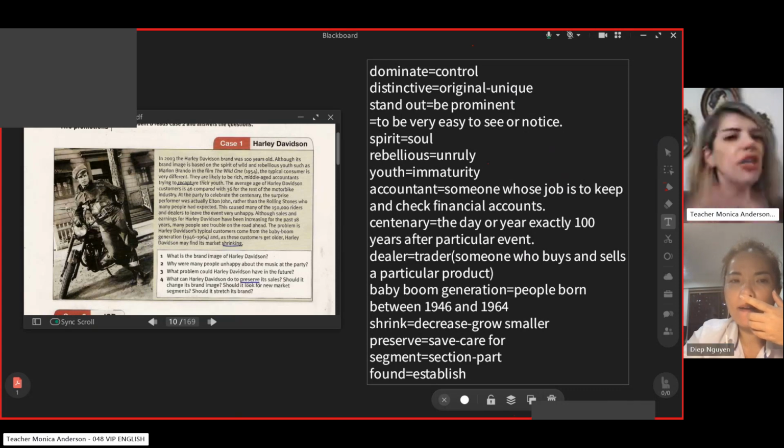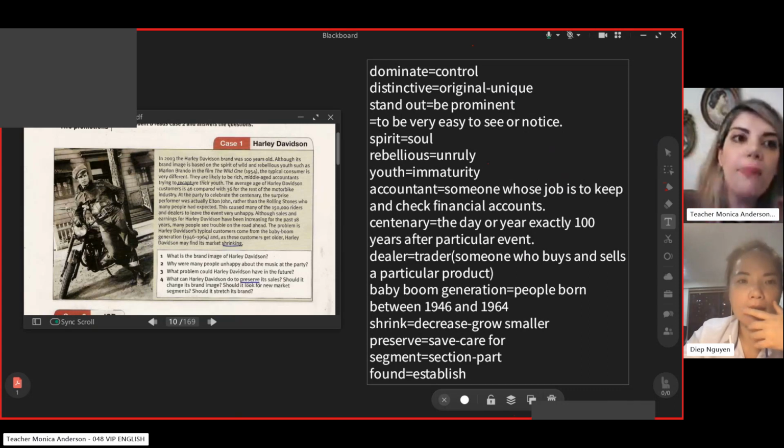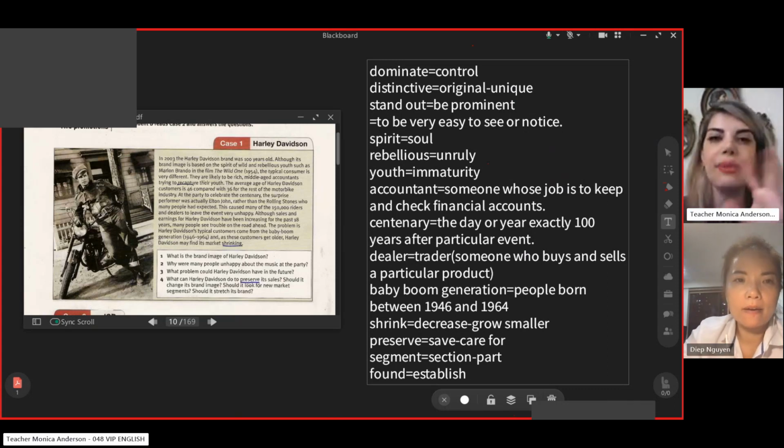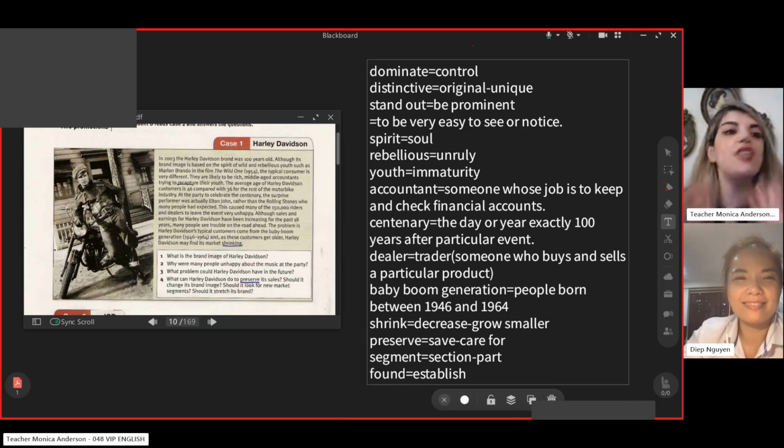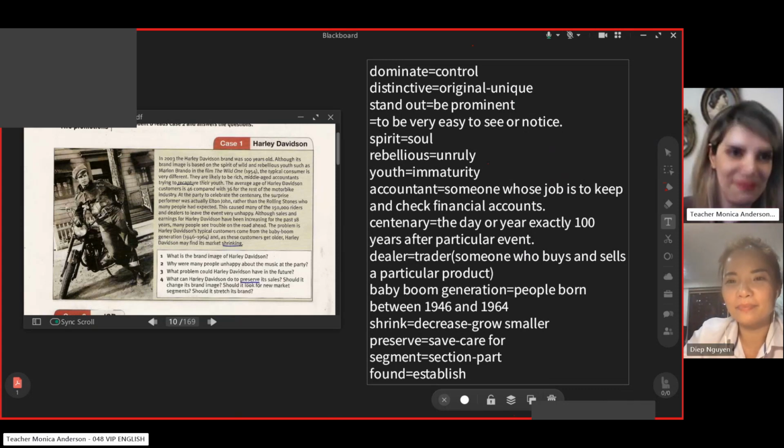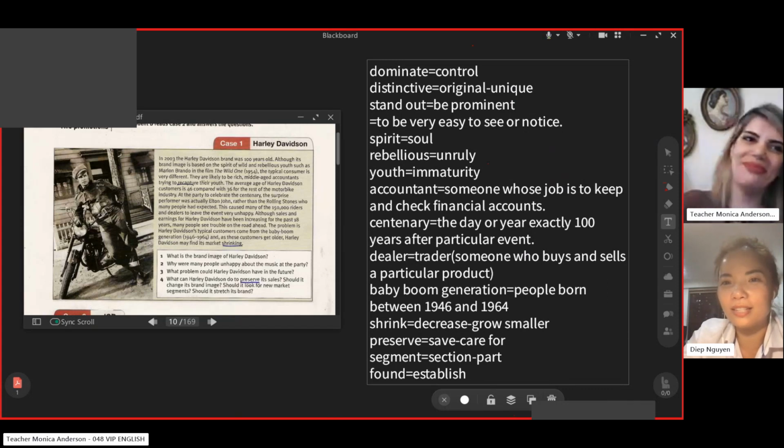I say, yes, you're right, I accept your opinion. But some people, especially teenagers, are rebellious. They don't accept. They say, no, I know better than you. I don't want to follow the rules. So this is the meaning of rebellious. Get it? I get it because I have a teenager in my family.